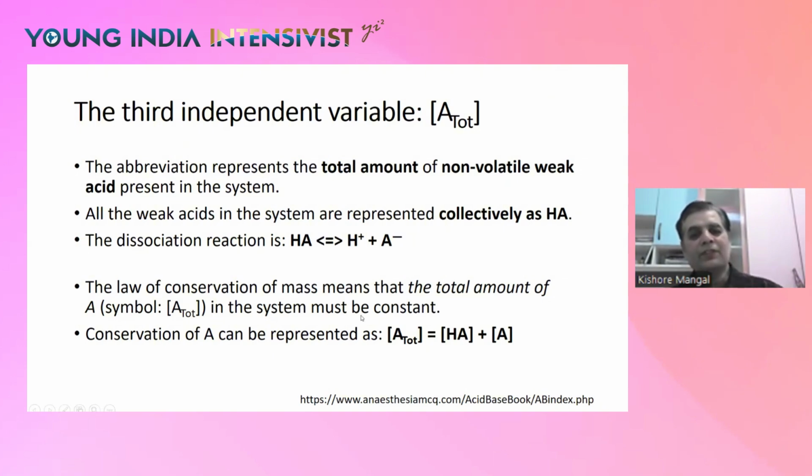The law of conservation of mass is applied here, and it means that the total amount of A, that is the weak anions, or the symbol ATOT, in the system must be constant, and conservation of A can be represented as ATOT is equal to HA plus A minus. Okay, and HA can be converted into A minus depending on the availability of the H plus ions. So if H plus ion increases or decreases, it will change the value of HA to A minus or vice versa, but the total amount will remain the same. So ATOT remains the same.